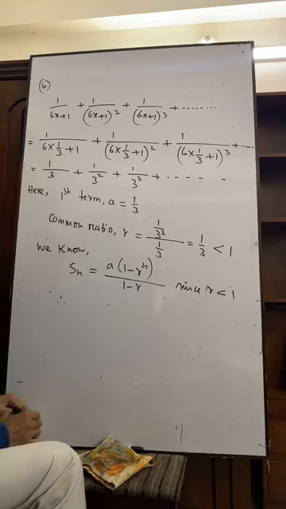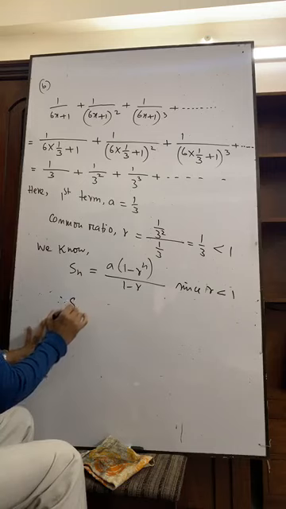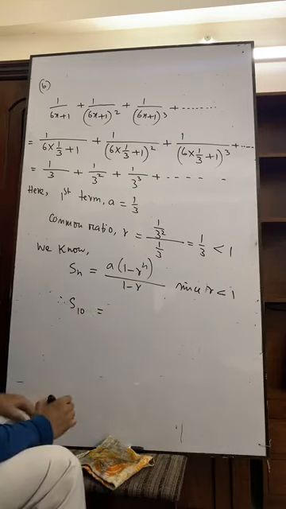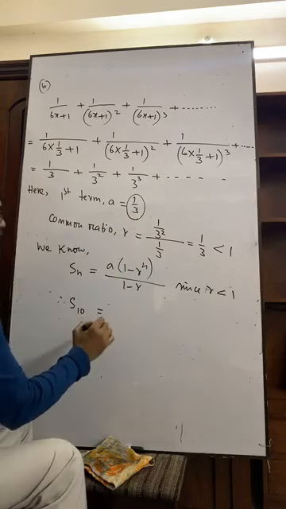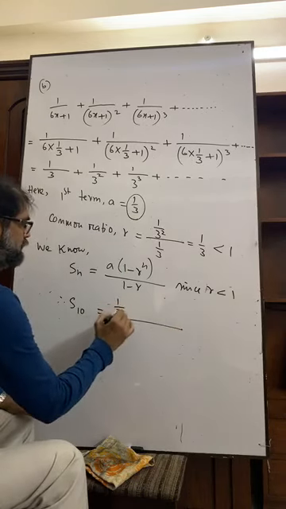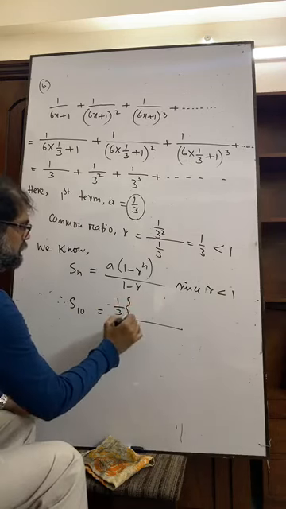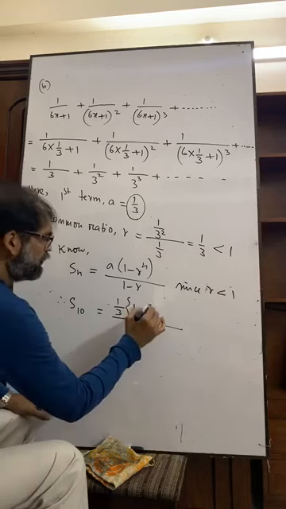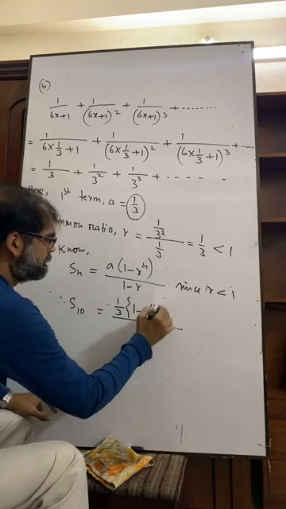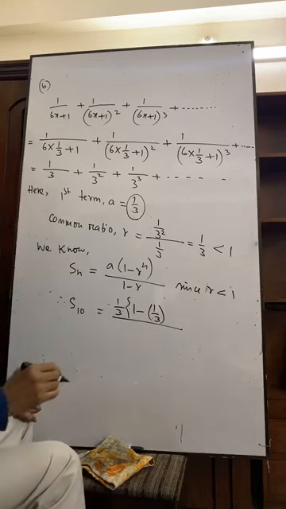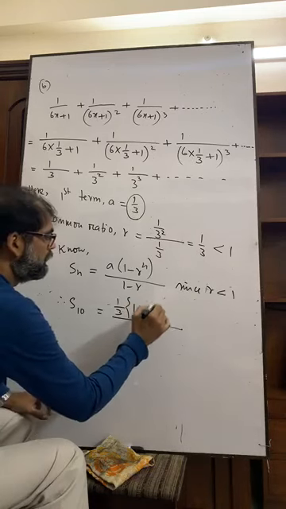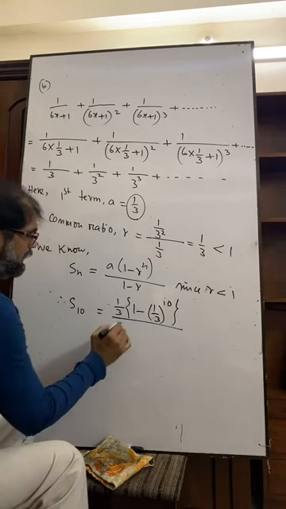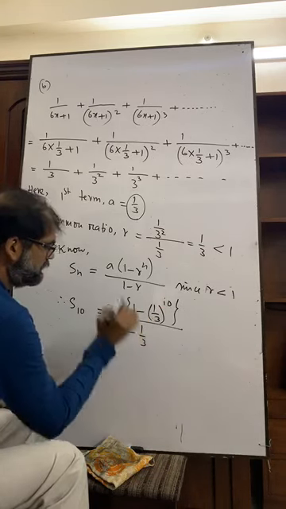Therefore, sum of first 10 terms. So for n, it is 10. What is A? A is 1 by 3. What is R? R is 1 by 3.